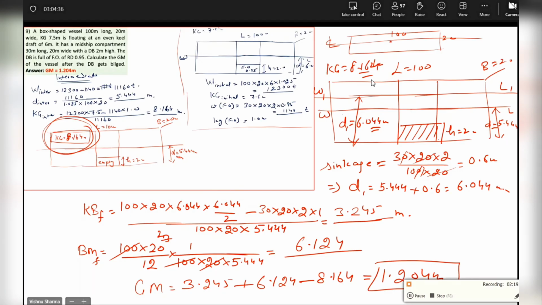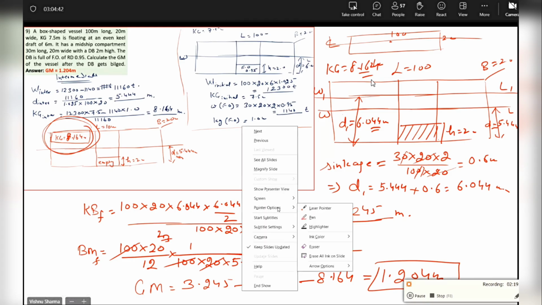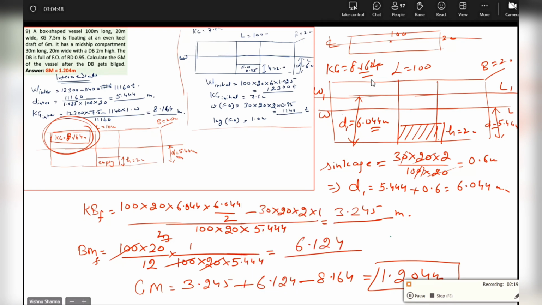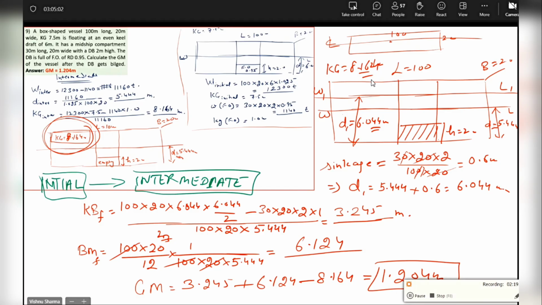Okay. So guys, whenever there is a liquid in the tank, from the initial condition, let me change to the green marker and write this here, you will work out an imaginary condition called the intermediate one. This word is not a standard word and people can use it differently also, no problem.